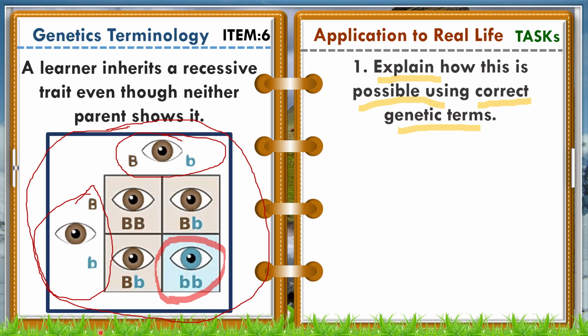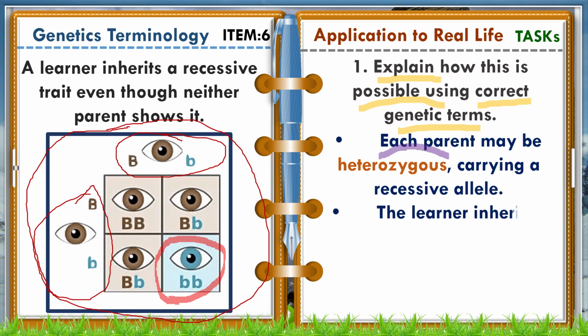They want us to explain if the parents are showing a dominant trait, which is brown eye, both of them, and they have a child showing a recessive trait, blue eye, how does this one come about? So they want us to explain it in terms of genetic terms.